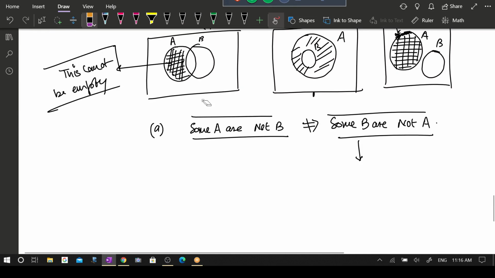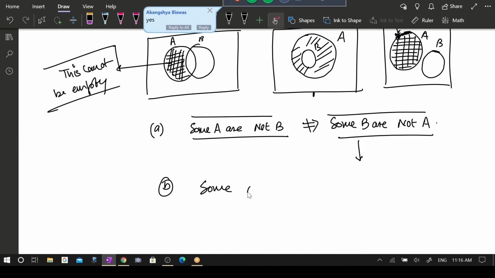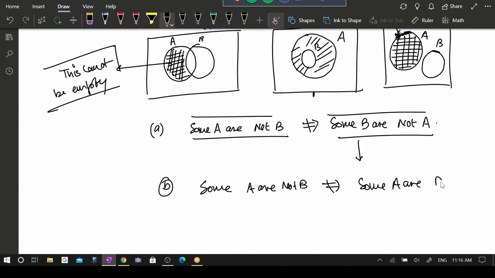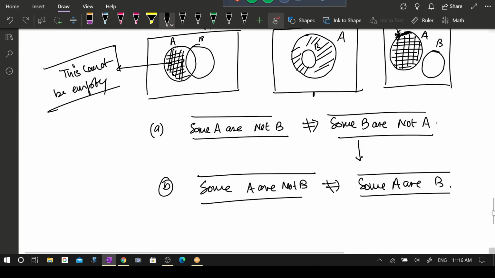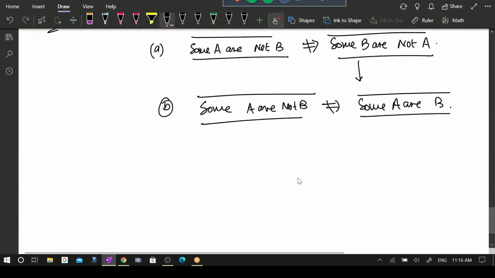So the first important aspect is that some A are not B does not imply some B are not A. And the second part, some A are not B does not imply some A are B. The same logic. Some Indians like idlis, or I can create one more example. You can say, sir, give me an example. First of all, write it, please.